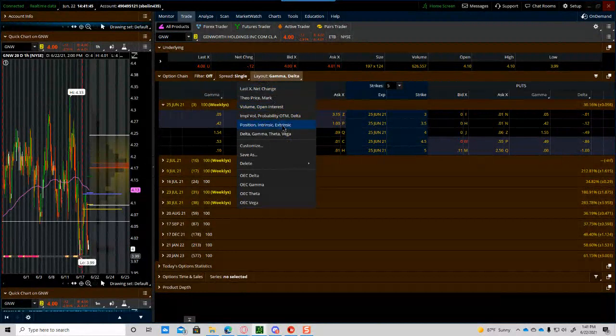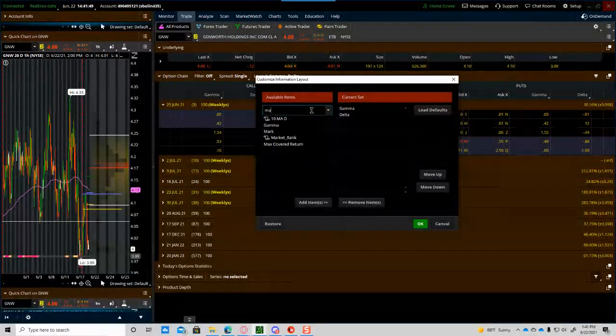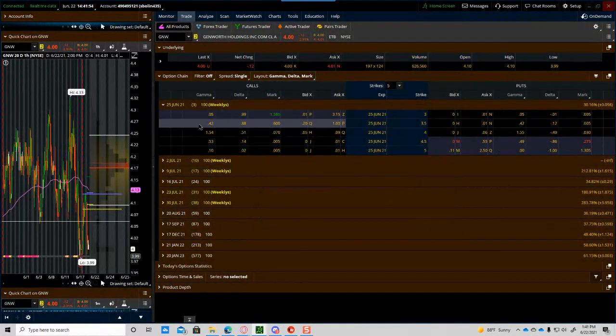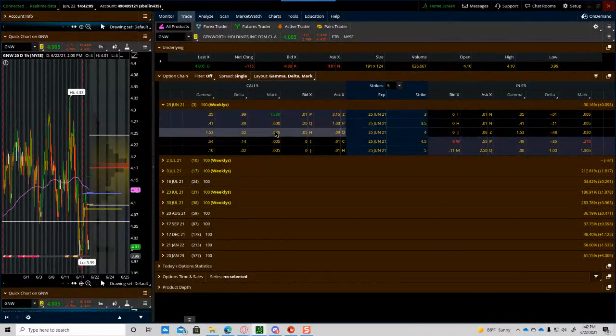Let's turn the mark on, and that'll make it a little easier to do the math. So if I buy that option for $7, I could sell it for about 60 if I'm right, and I will lose all of my $7 if I'm wrong.